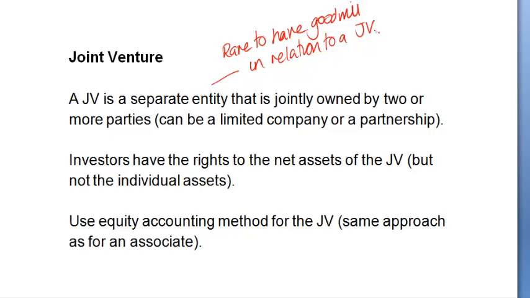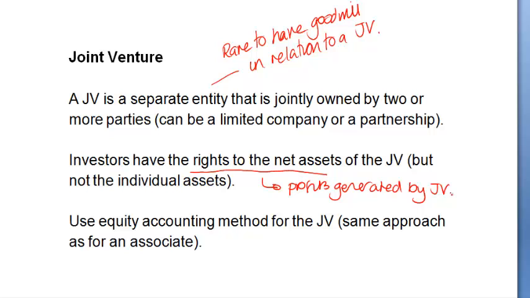The investor is entitled to the rights to the net assets, i.e. the profits generated by the JV, but not the individual assets. Now, under the old rules, under IAS 31, you were allowed a choice of treatment in relation to joint ventures.